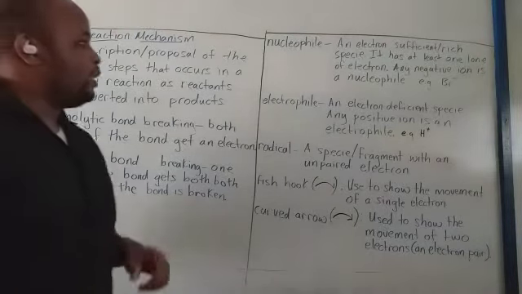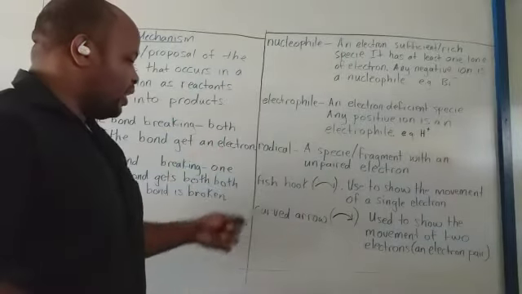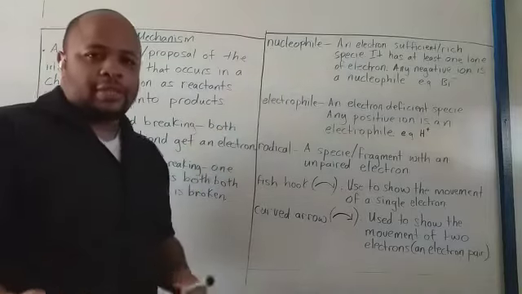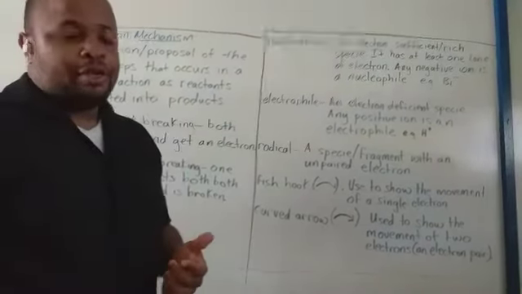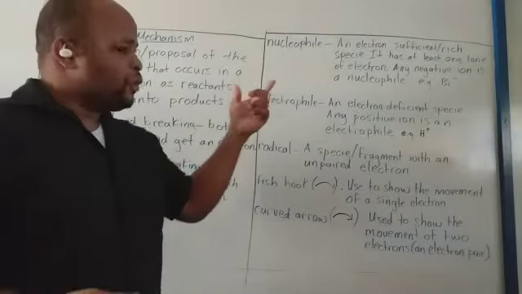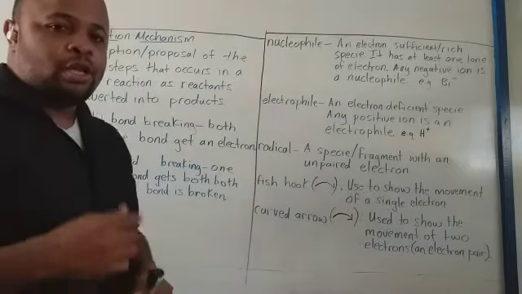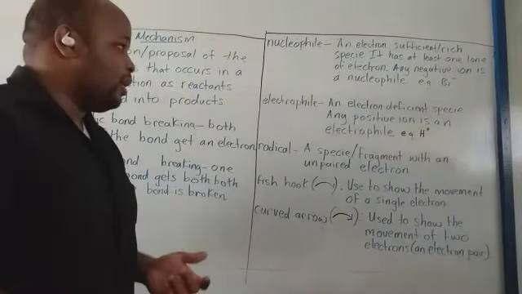You will also need to know what the terms nucleophile, electrophile, radical mean. So a nucleophile is just a species, right, with at least a lone pair. So when we say an electron sufficient species or an electron rich, it just means it has at least one lone pair. So anything with a lone pair is a nucleophile.